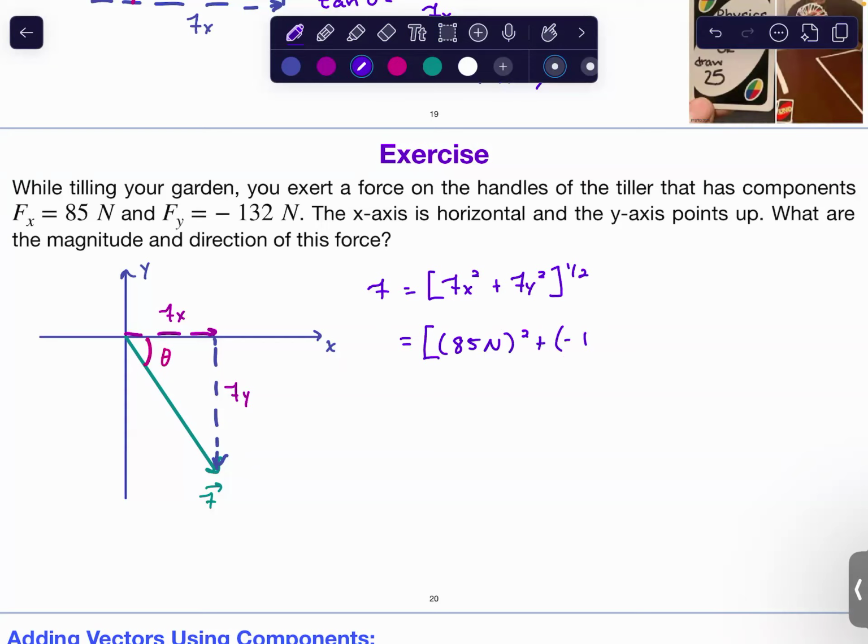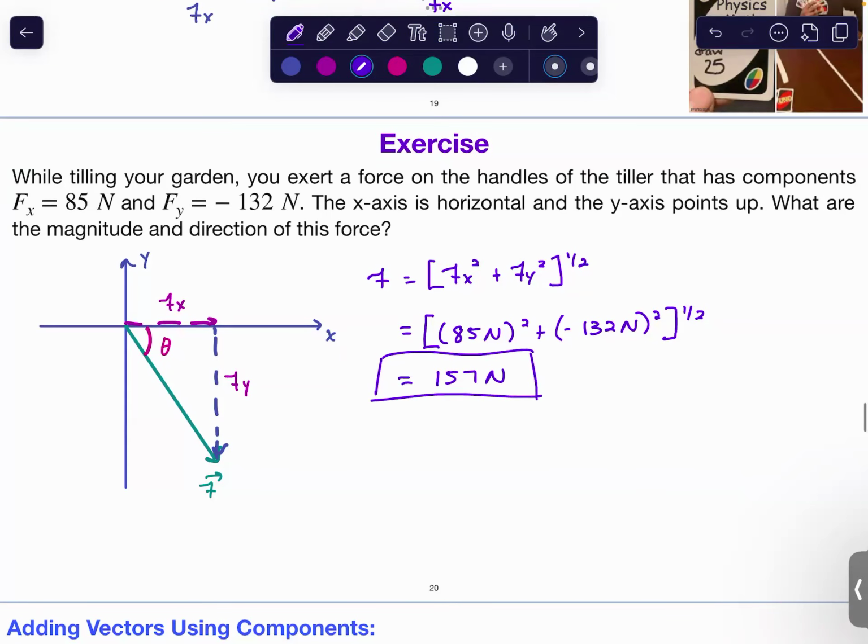My Fy is a negative 132. I'm going to square those two numbers, add them together, take the 1/2, take the square root, and I'm going to get 157 newtons. Now the direction. Okay, well, I'm going to start with, let's solve this equation.